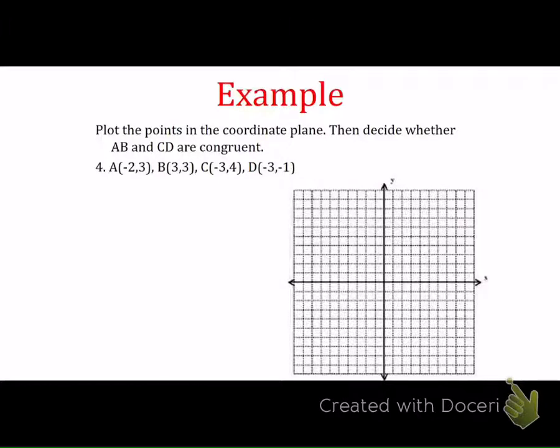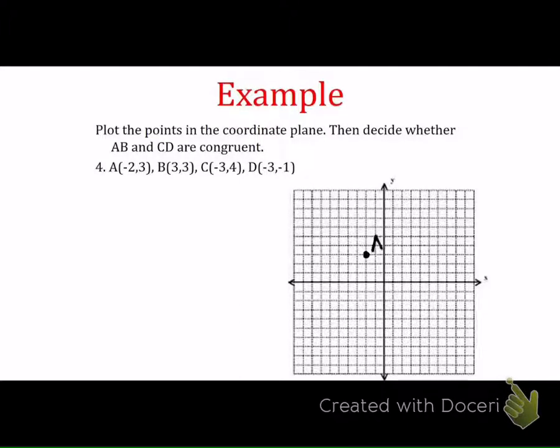All right. Last example. Again, you guys can just watch on this one. And then I'm going to have to help you on this one on the homework because it's kind of hard to read. So, we are looking to see if the segments that we're going to graph here are congruent. So I need to graph point A. Point A, I go left 2, up 3.